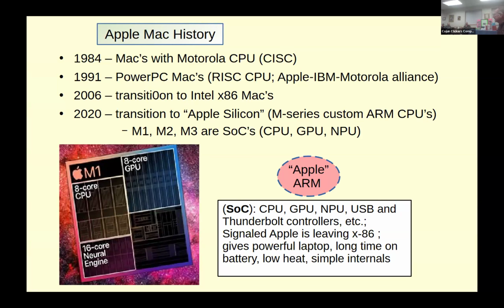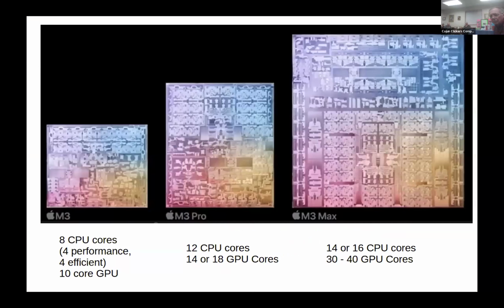Because they got high power, good graphics, long battery. Hey, Intel hasn't delivered. They have their own proprietary thing that they can charge a whole lot for, and they have a great machine that's been very successful. And so they've gone to M1, M2, M3. Here is the M3. These are the die pictures. They have 3 versions, where the regular is about the size and power of the original one.